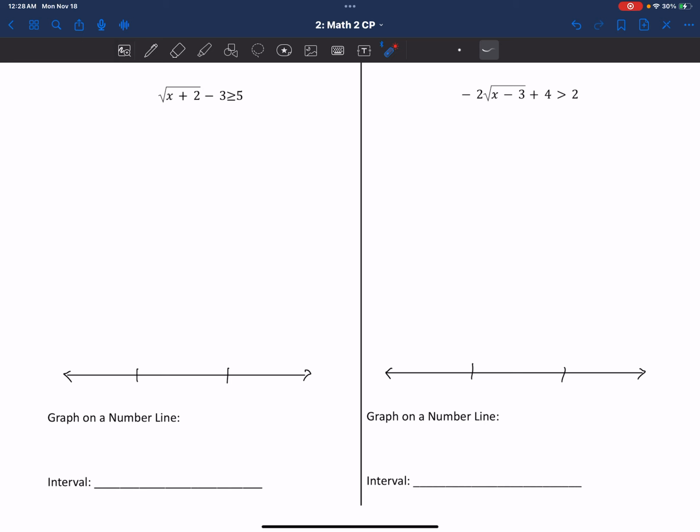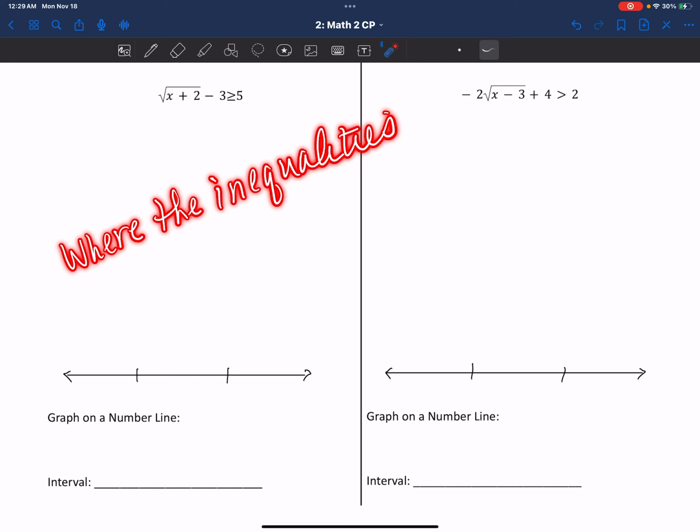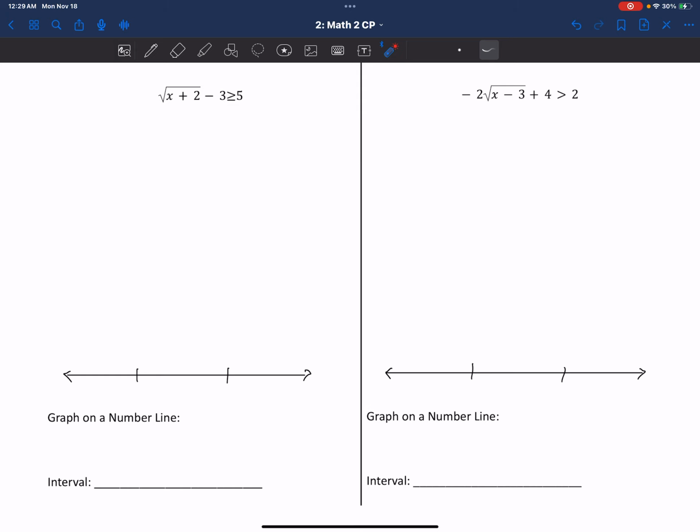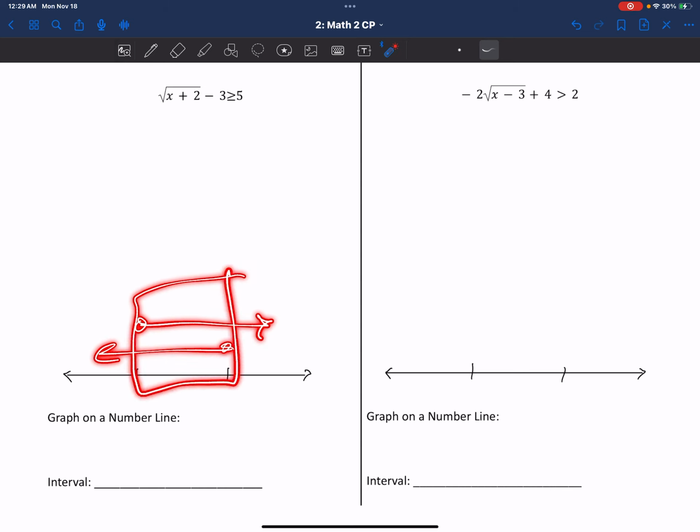So if you have one going, let's say this way, and you have one going this way, this part right here is your solution.